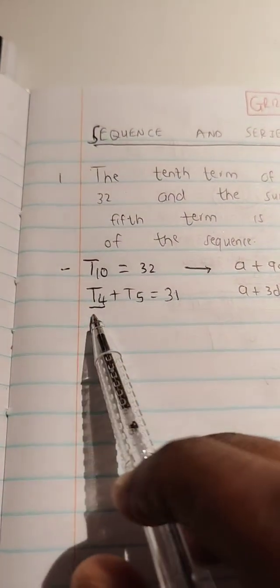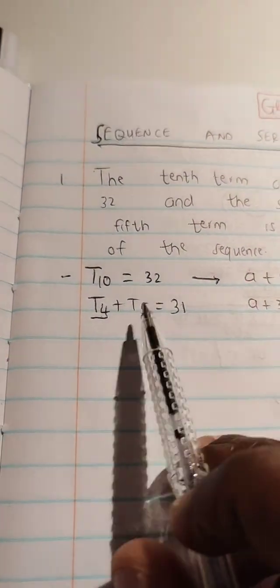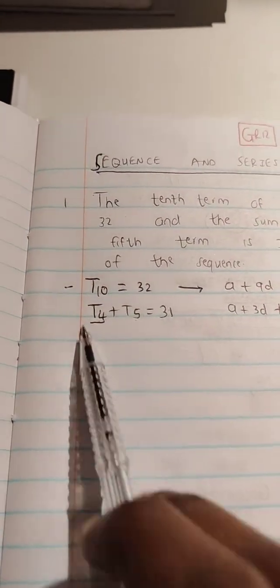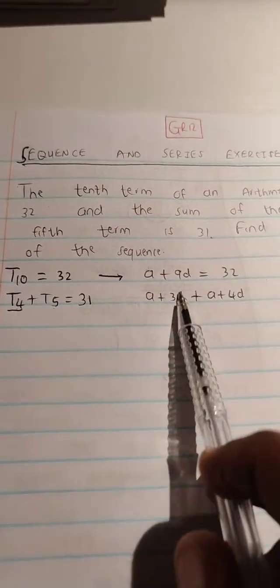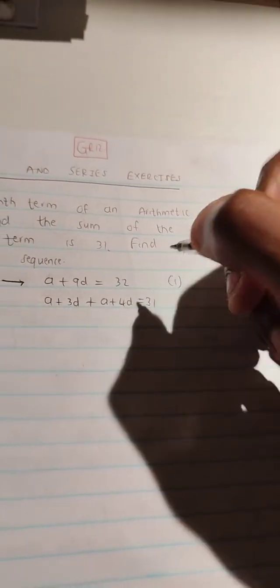But we add that to term 5. And term 5 is going to be what, guys? As Ngwato has said, it's going to be A plus 4D. So the summation of term 4, which is A plus 3D, plus term 5, which is A plus 4D, is going to give us what? 31.